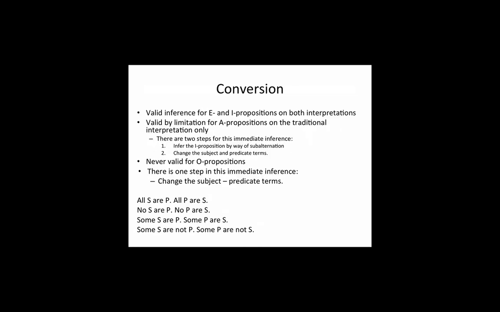Conversion is valid for E and I propositions on both interpretations. So it's got a restricted scope. In addition, conversion is valid by limitation for A propositions, but only on the traditional interpretation.